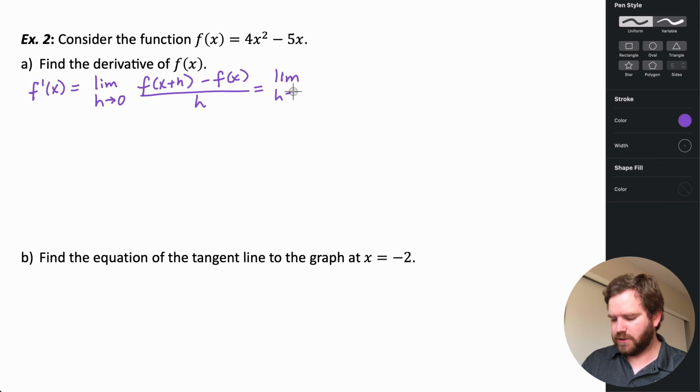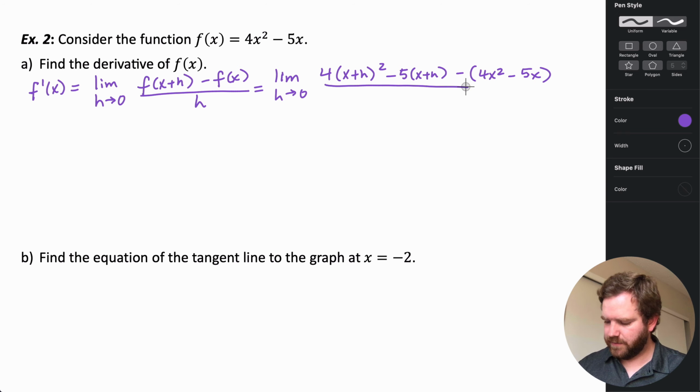So the limit as h approaches 0, x plus h in here is 4 times the quantity x plus h squared minus 5 times the quantity x plus h. So this right here is f of x plus h, and we're subtracting f of x from that, which is 4x squared minus 5x. All of this is being divided by h.